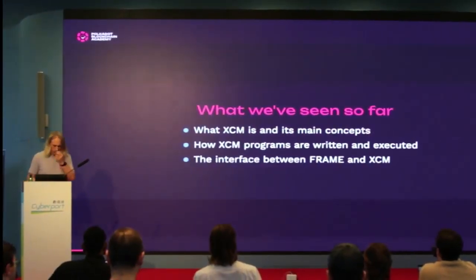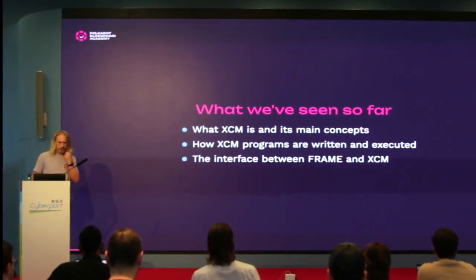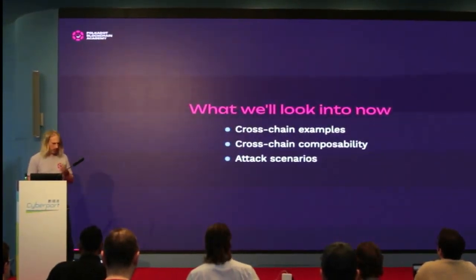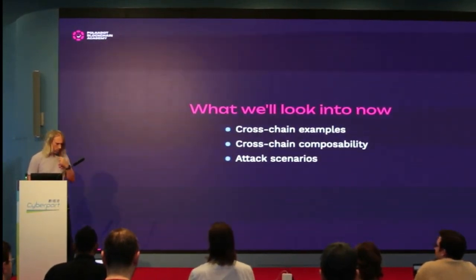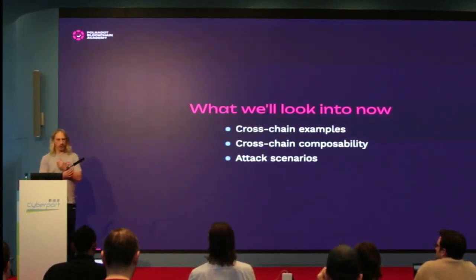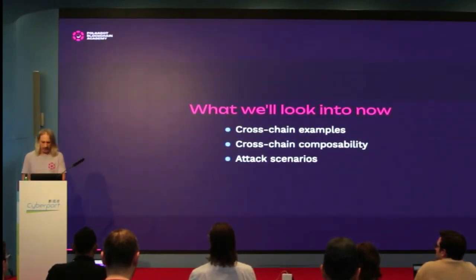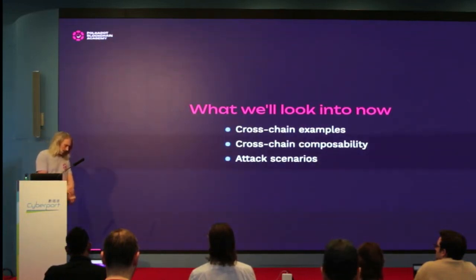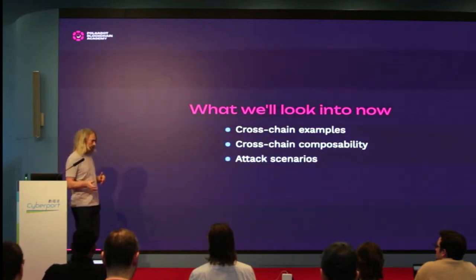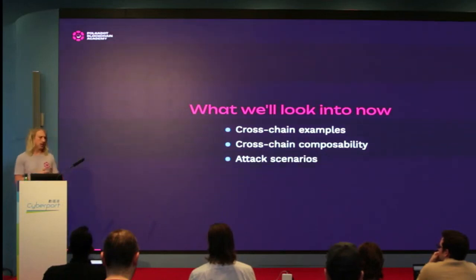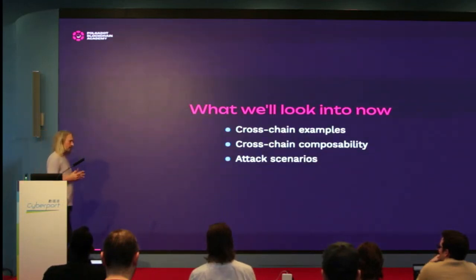Okay, so this is an example of a cross-chain use case. The specific use case we're going to look at is a DEX, and it's a good example of using XCM without having to fall back on primitives that you shouldn't really be needing, like account IDs.